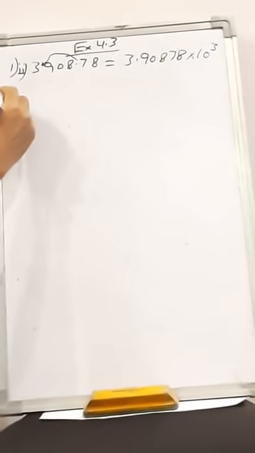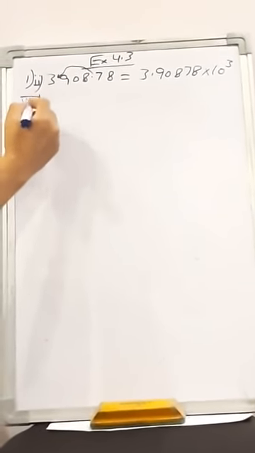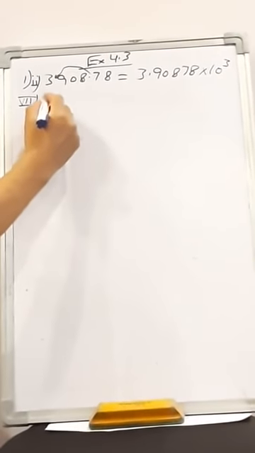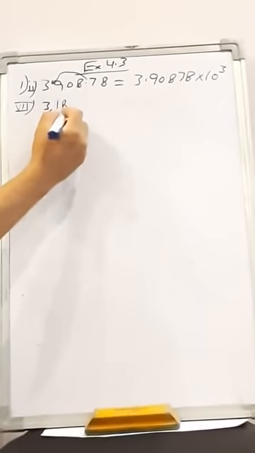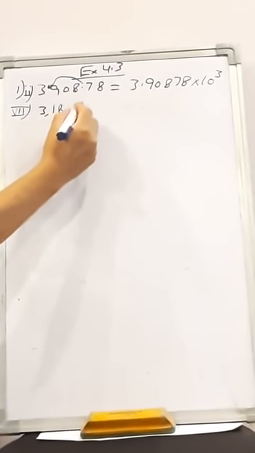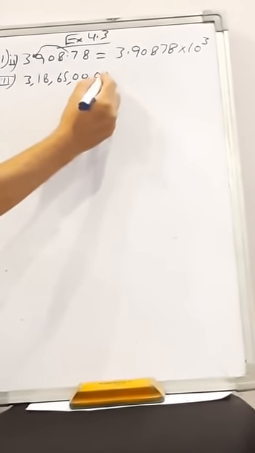Now let us see the 7th part. The number given is 318650000.